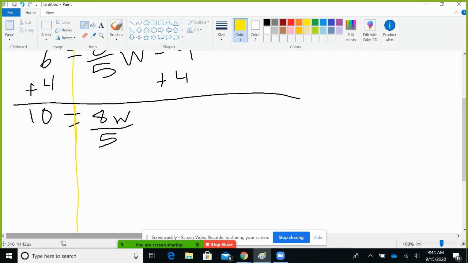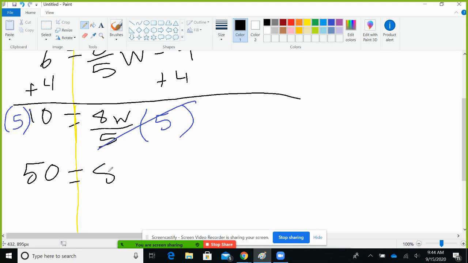You can multiply the other side by 5 because right now it's divided by 5. So if you multiplied both sides by 5, that would cancel out. You got 50 equals 8W.